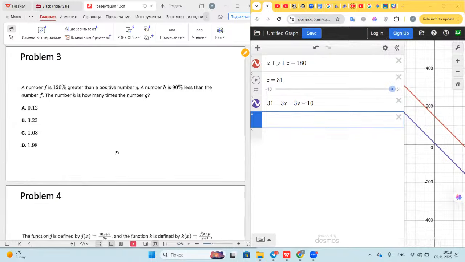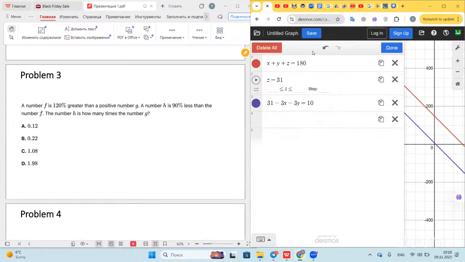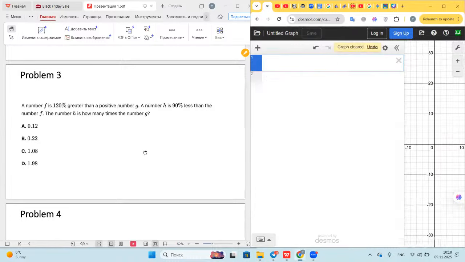In this question, it's a pretty popular question. A number f is 120% greater than positive number g. Okay, and h is 90% less. Guys, in this kind of questions, you can define that in this question you have three unknowns and only two equations. The third one we should find. In this kind of questions, you can give any value for any of them.